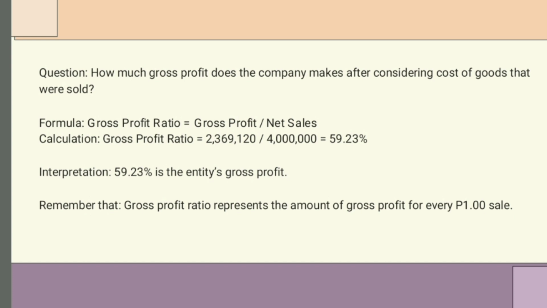So, our gross profit ratio is equal to 59.23% for 2020. So, that 59.23% of sales is our earning or our profit. Remember that gross profit ratio represents the amount of gross profit for every 1 peso sale.